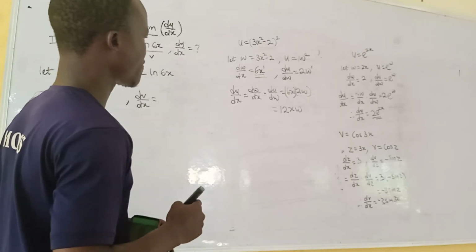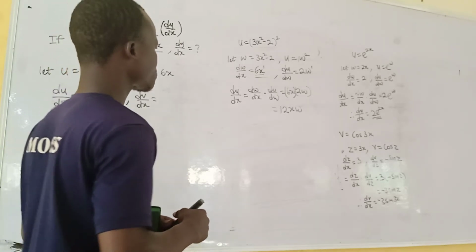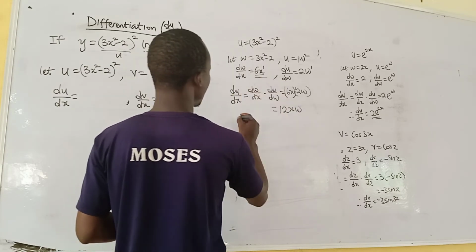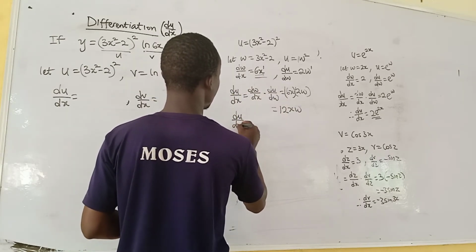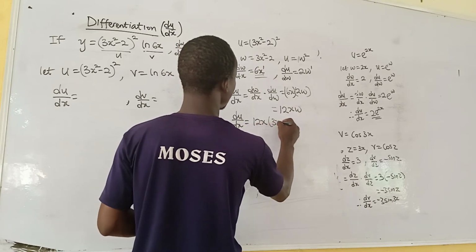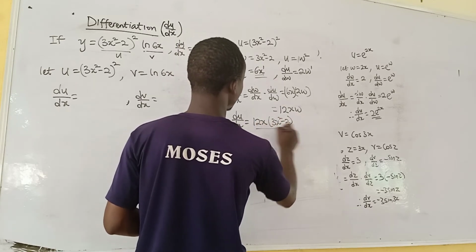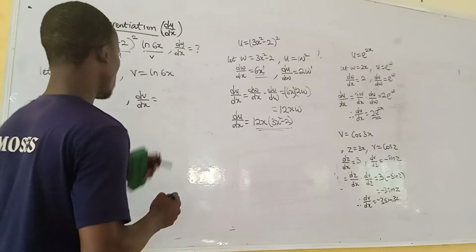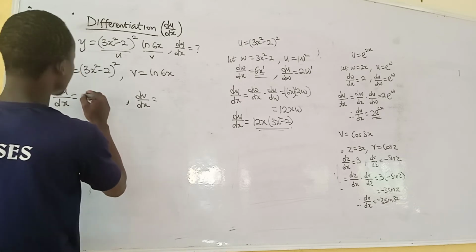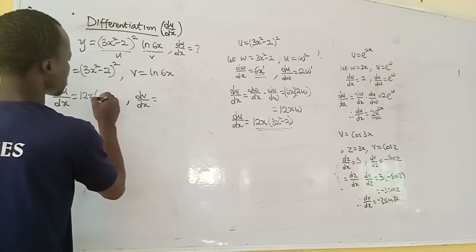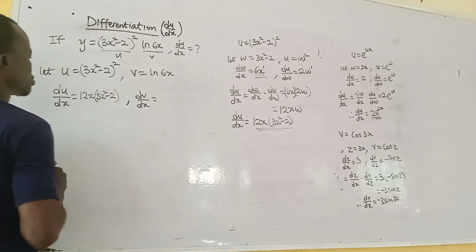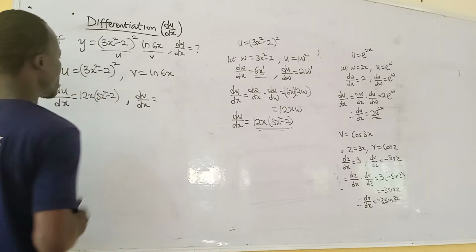But that is not our final answer, because we have w here and we are supposed to get our answer in the x variable. So our du/dx now is 12x times (3x squared minus 2). Do you get? So now we move to the next one.